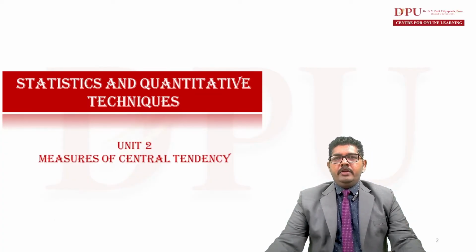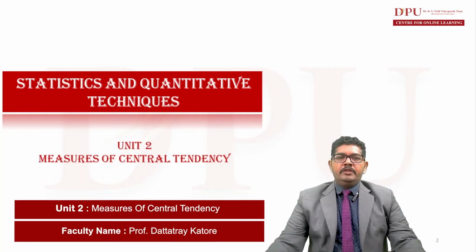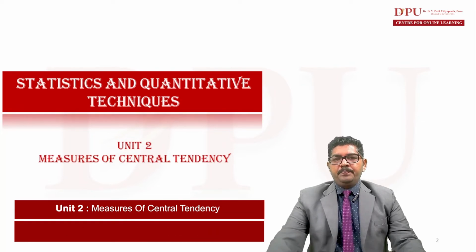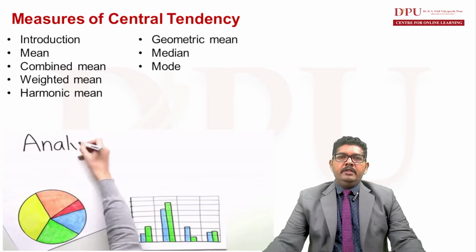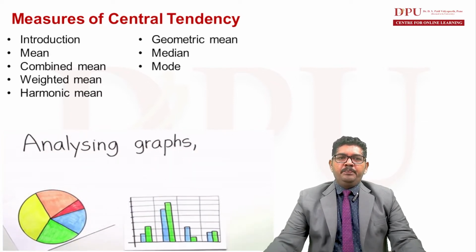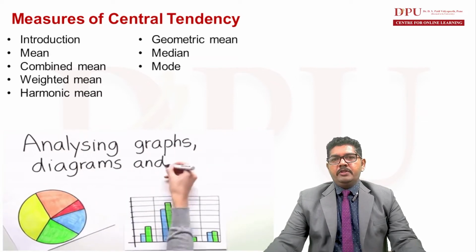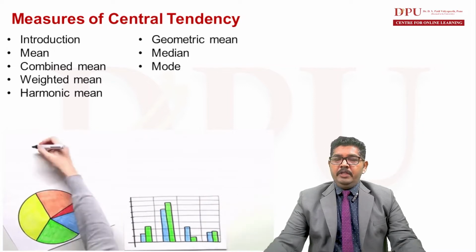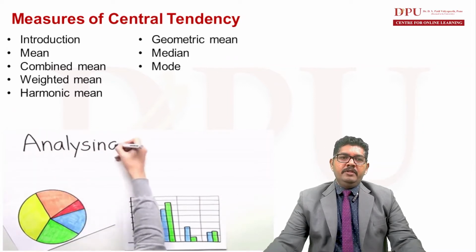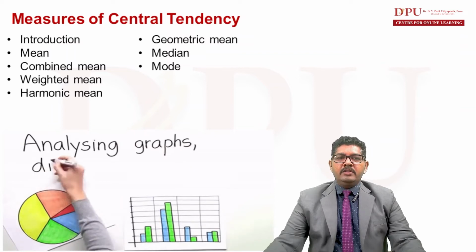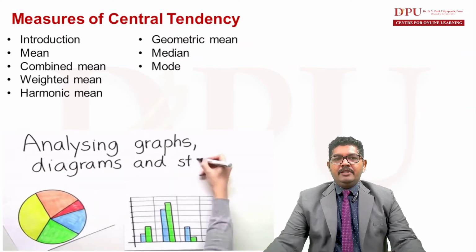So we are going to learn Unit 2 of this course, which is Measures of Central Tendency. In this video, we are going to learn the introduction to the measures of central tendency, the meaning of central tendency. Then there are various measures of central tendency such as mean.